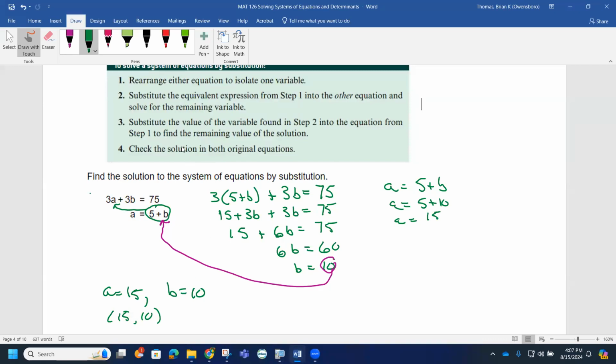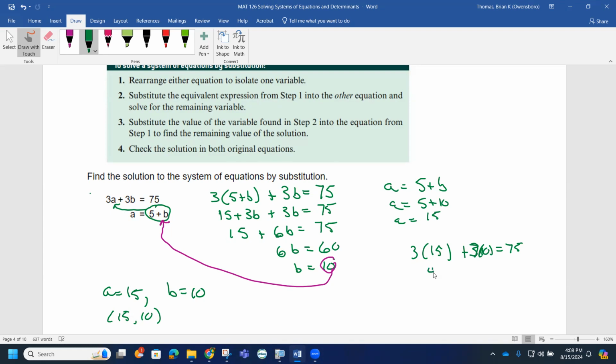Now you could also check your solution by substituting these values back in, and it's supposed to make both equations true. If you want to verify that, you can double check yourself. If I have 3 times 15 plus 7 times 10, does that equal 75? Well, 3 times 15, oops, that should be 3 times 15 and 3 times 10.